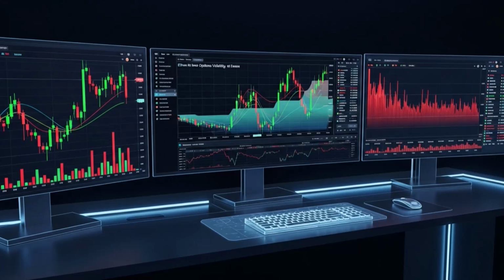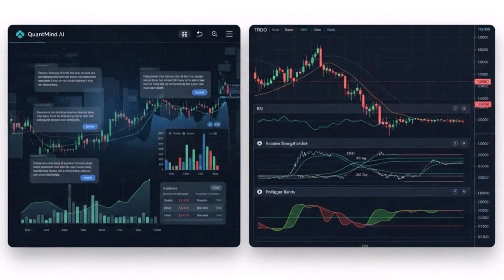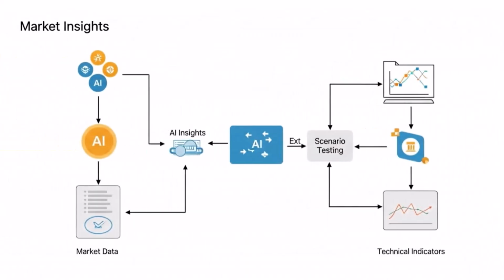Up to this point, we've seen how ChatGPT can interpret real-time volatility data and spot opportunities. But the real magic happens when we combine AI analysis with scenario testing and traditional market indicators. This is where a trader moves from having good insights to building a full volatility strategy.